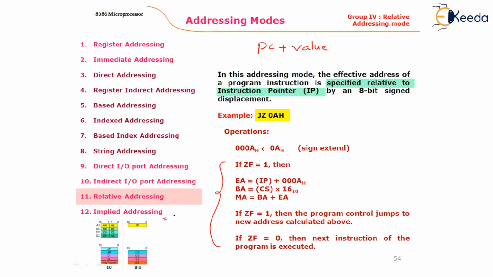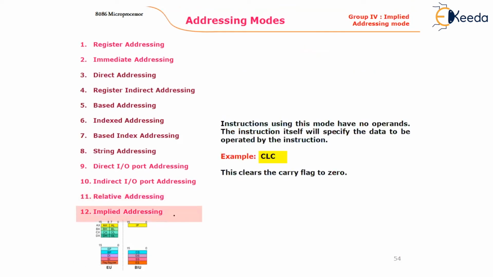When it comes to implied addressing, we are provided with neither an operand, nor a processor's register, nor a memory location. The instruction itself contains the actual operand. You know that CLC is not supported by any operands, either following or preceding it.